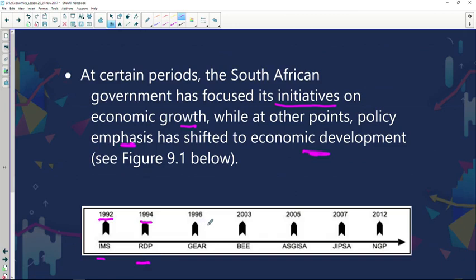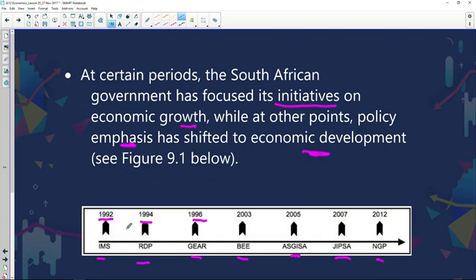And then in 1996, we had GEAR that looked at creating more employment and more economic activity. And then we had the BEE that was introduced, and ASGISA was also introduced in 2005. Then we had GIPSA, and then we also had the NGP in 2012.